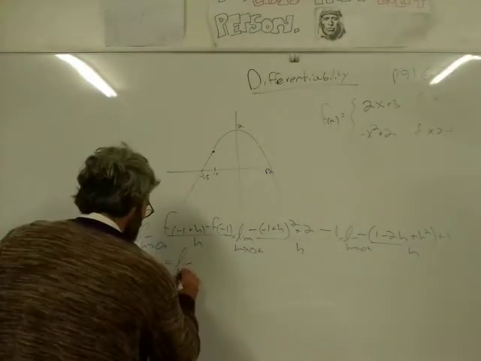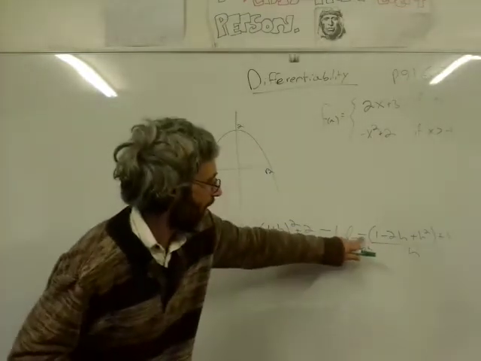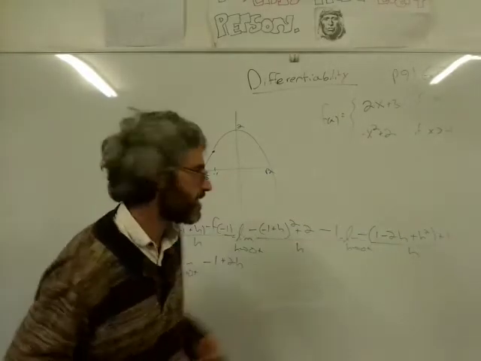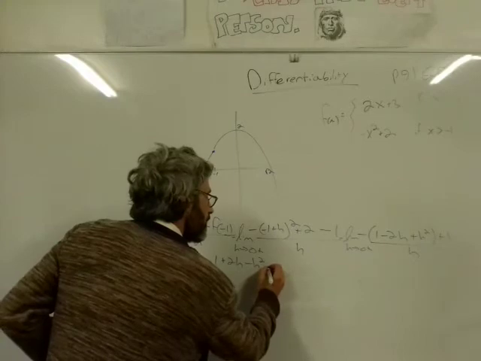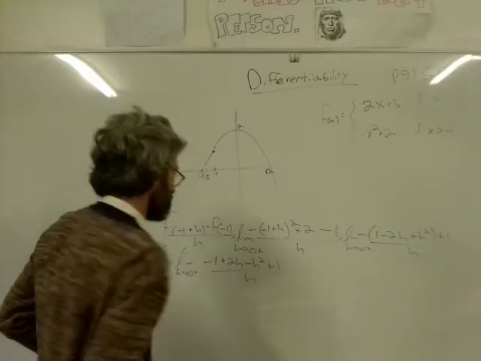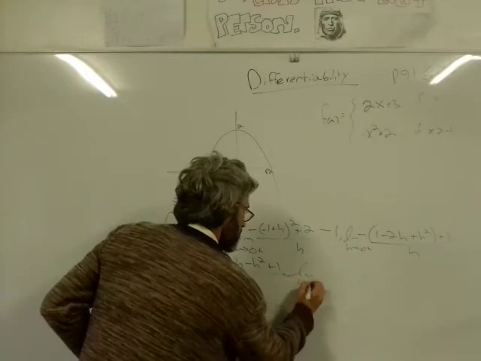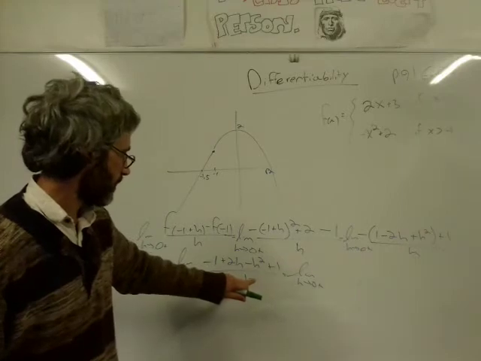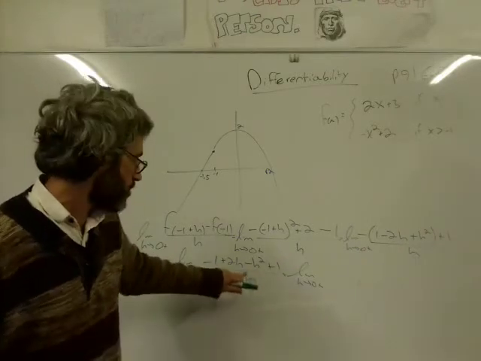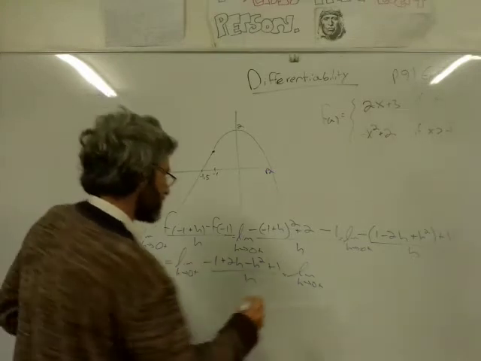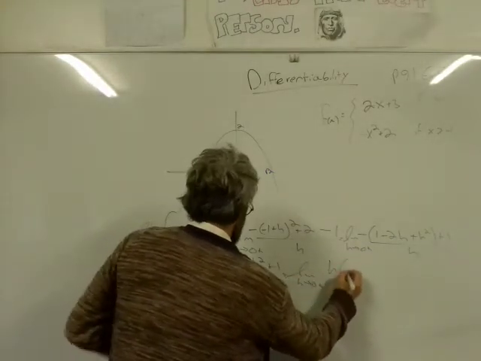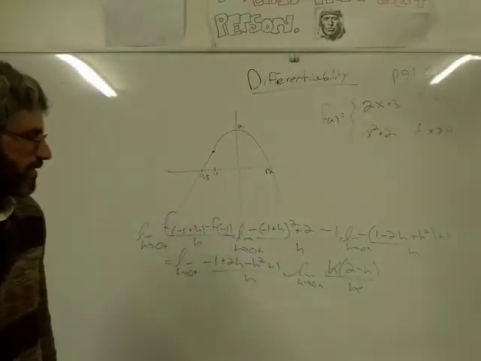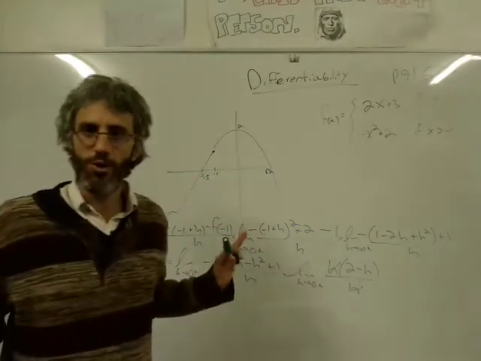I've got minus, so it's minus 1 plus 2h minus h squared plus 1, divided by h. The minus 1 and plus 1 cancel. I'm just going to take h out as a factor. So I've got h times (2 minus h) divided by h. The h cancels, and I'm left with 2 minus h.